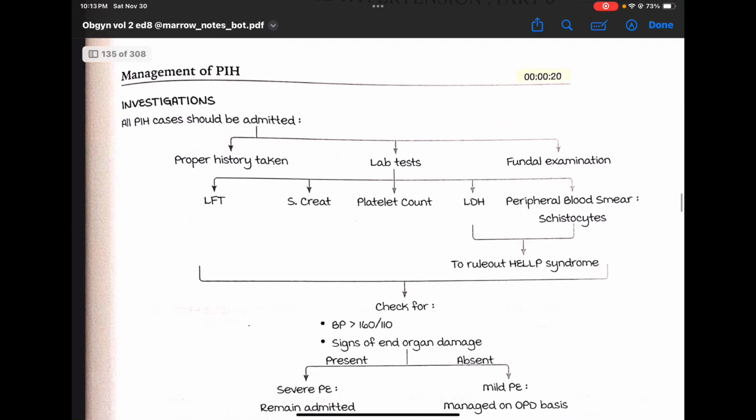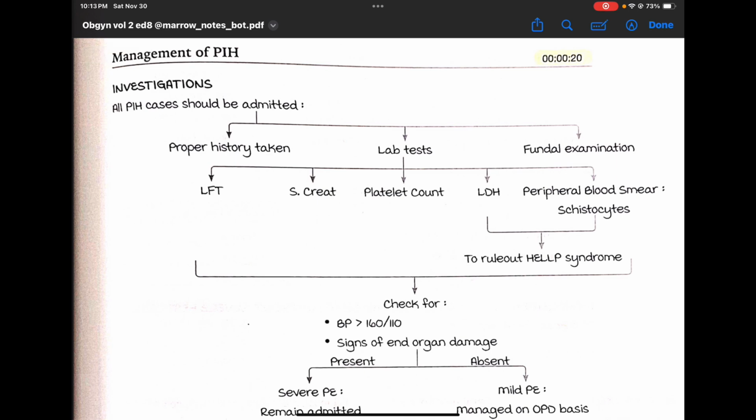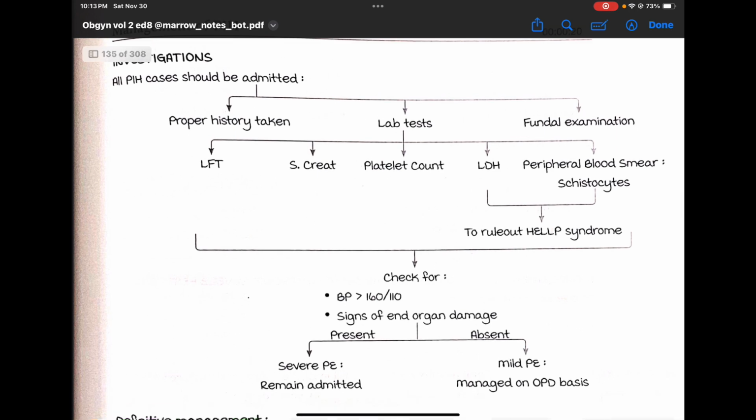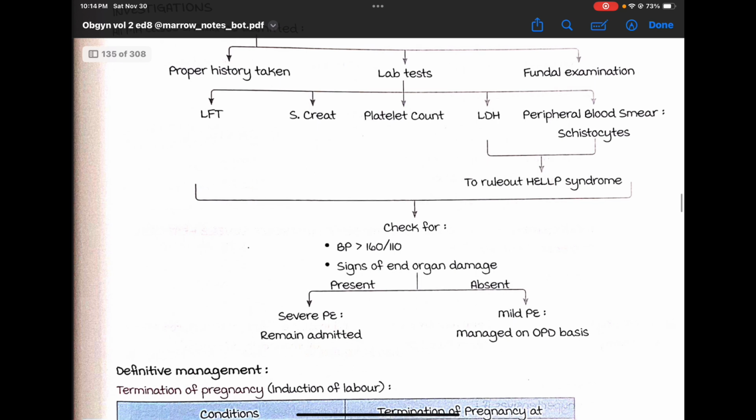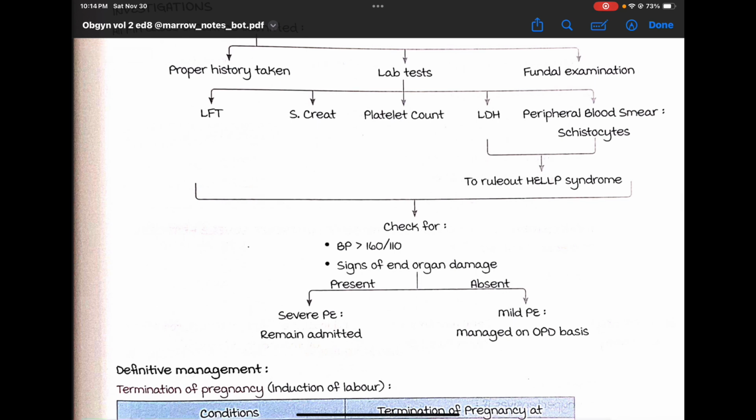Management of pregnancy induced hypertension. Investigations: all pregnancy induced hypertension cases should be admitted, with proper history taken, lab tests, and fundal examination. In lab tests, do liver function test, serum creatinine, platelet count, LDH, and peripheral blood smear for schizocytes to rule out HELLP syndrome.